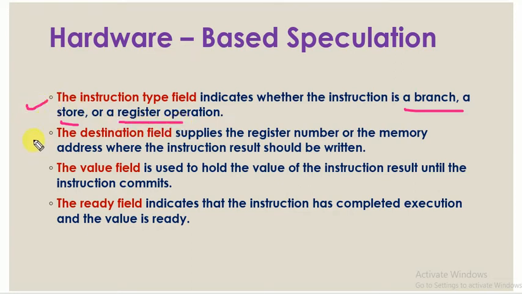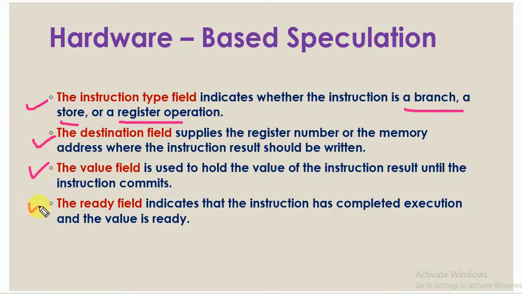Now the second one is the destination field. It supplies the register number or the memory address where the result is to be written. Then comes the value field, which is used to hold the value of the instruction result until the instruction commits. So before getting the final committed results, it will store the intermediate instruction result in the value field.